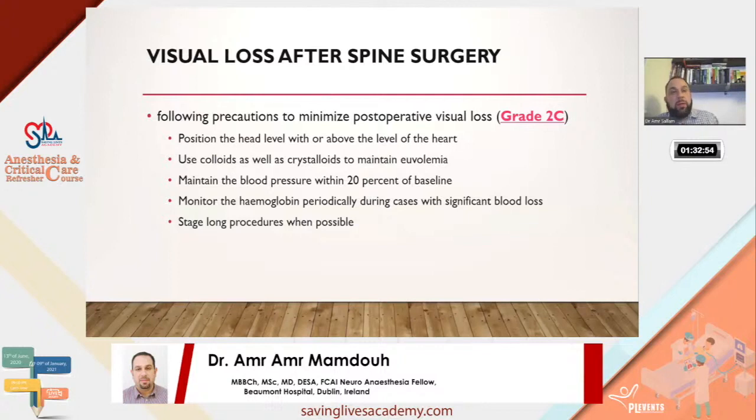Anybody working in neurosurgery or in orthopedics with spine surgery knows how important that is, and we will mention that frequently, maintaining the blood pressure the same as normal when he's awake. Monitor the hemoglobin and try to replace it if there is any significant blood loss. And the other thing is staging of long procedures when it's possible.